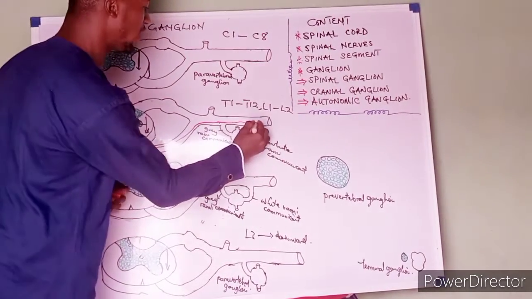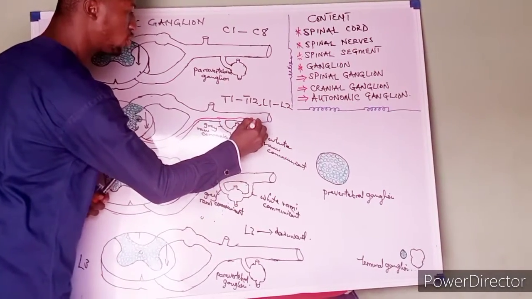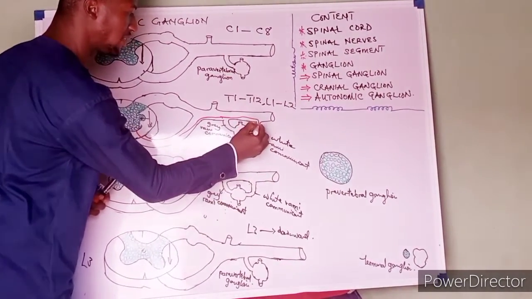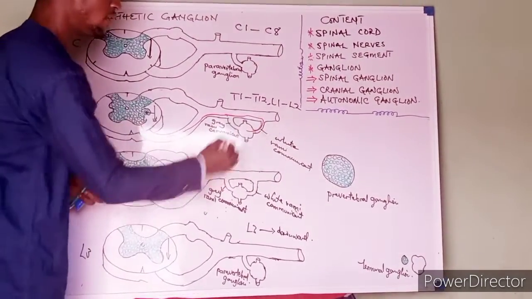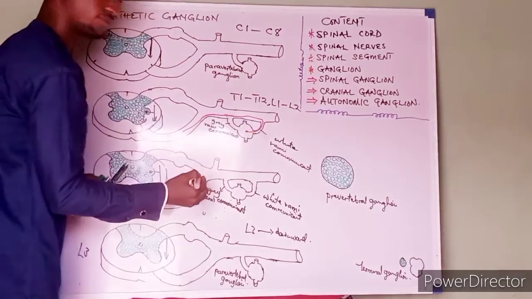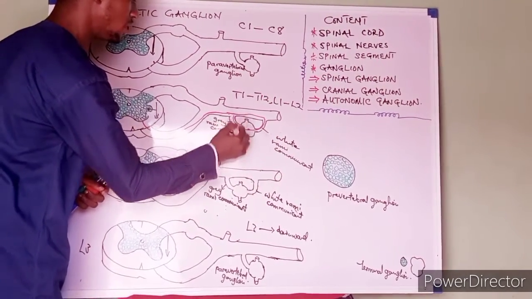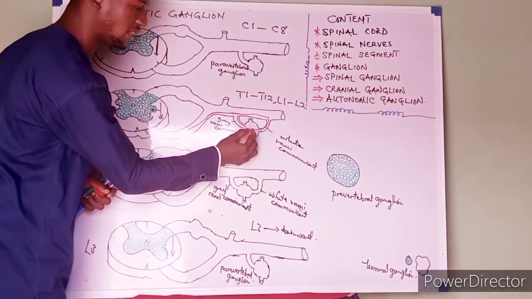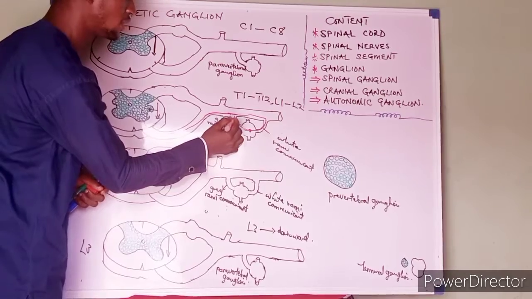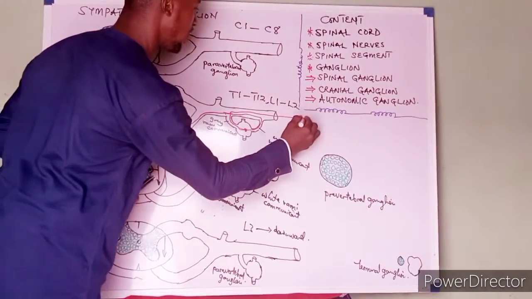As it continues, this fiber passes through the white ramus communicans into this ganglion. And when this occurs, it will either terminate here, or if it does not, it will come out through the gray ramus communicans, and it will continue its journey outward.